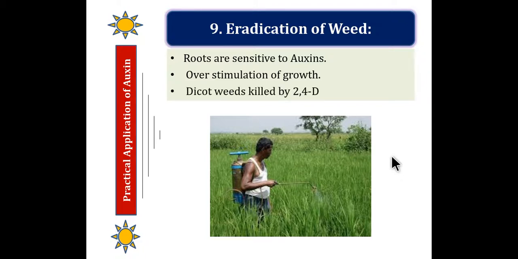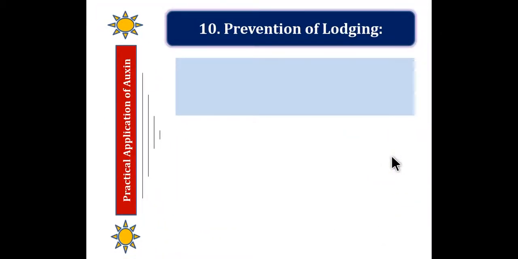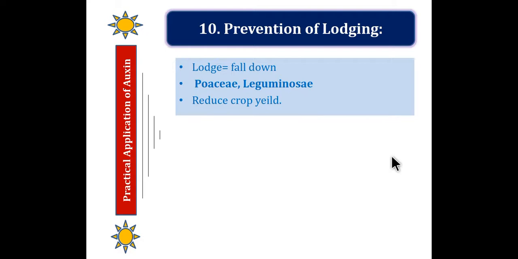The next application of auxin is prevention of lodging. Lodging means falling down. The standing crop belonging to the families Poaceae and Leguminosae falls down due to the softening of cells in the basal internodes, and the cells become weak. But auxin gives strength to the plant, and the plant can stand in the crop field.